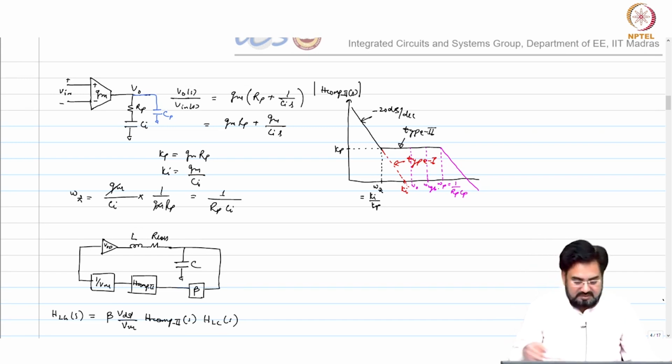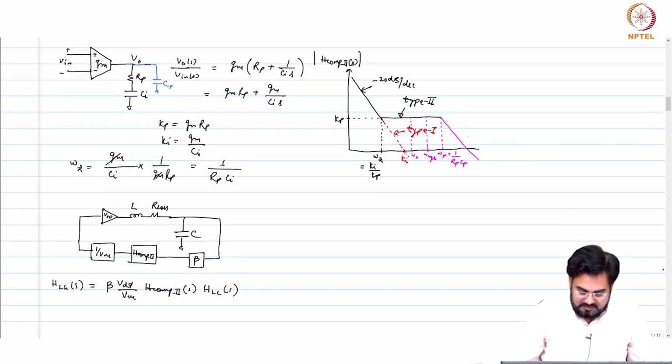Okay. So, that your omega p is outside your UGB, but the 0 is inside your UGB, and not only inside UGB, but below the resonance frequency, or in the worst case you can have it at the resonance frequency, but the moment you put it out beyond the omega naught, then it may not help.